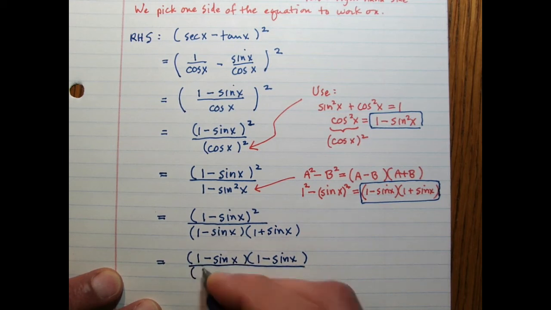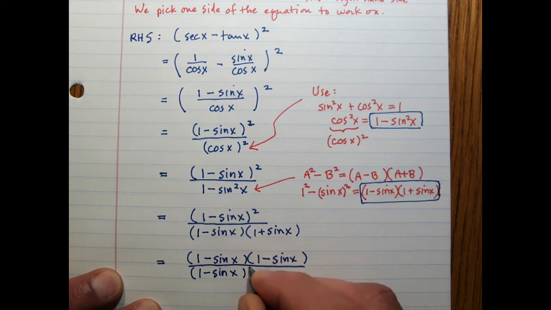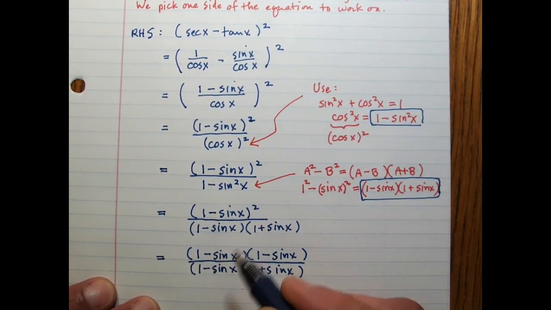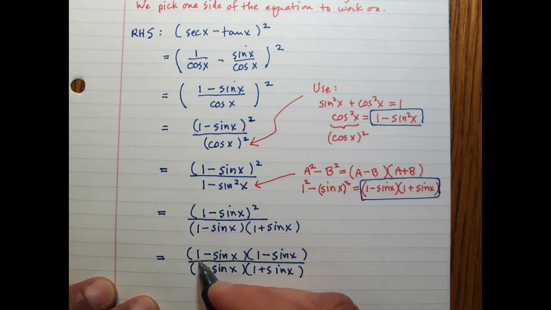We now know the denominator is 1 minus sine x times 1 plus sine x. And what I see at this point is that I have a factor in parentheses that can cancel. The 1 minus sine x above and below can be canceled. And I'm left with just 1 minus sine x over 1 plus sine x.